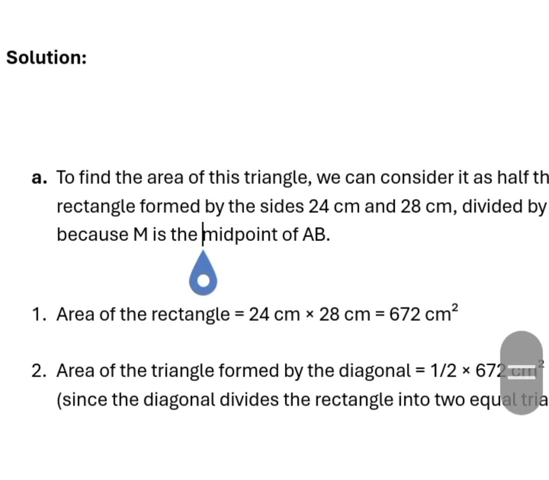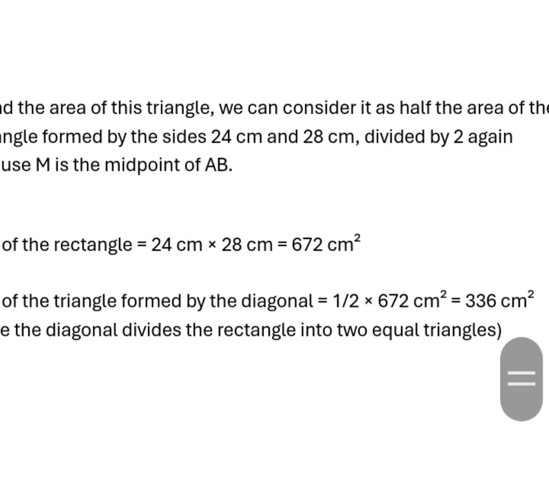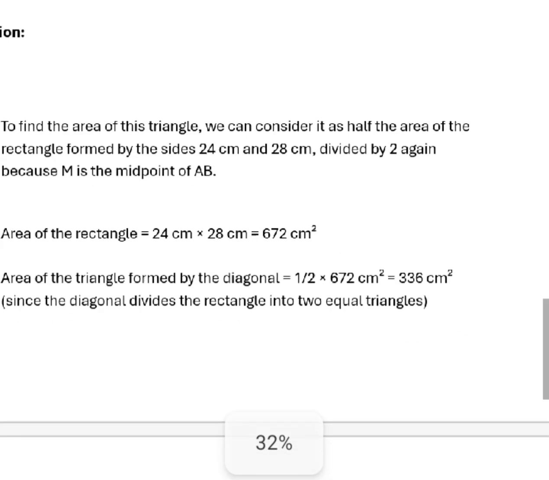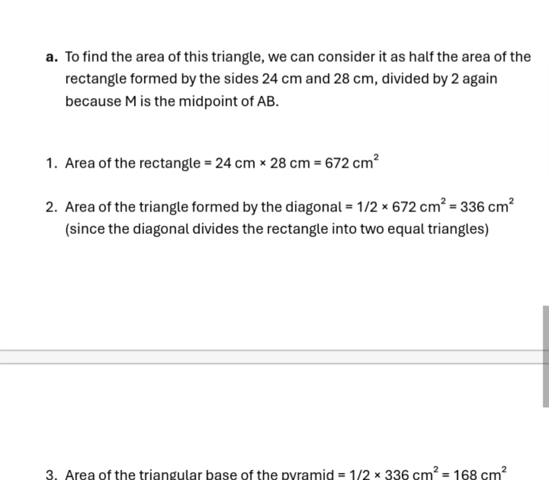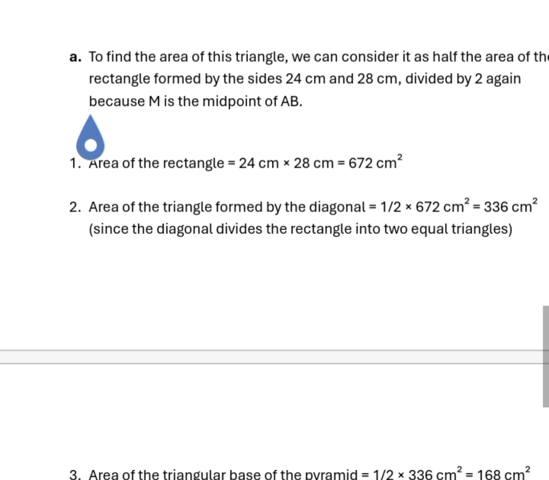So part A, to find the area of this triangle, we can consider it as half the area of the rectangle formed by the sides 24 centimeter and 28 centimeter, because M is the midpoint of AB. First of all, the area of the rectangle is equal to 672 centimeter square.